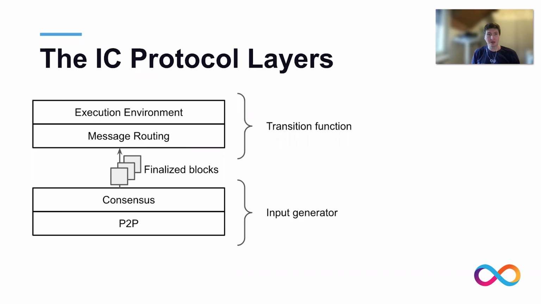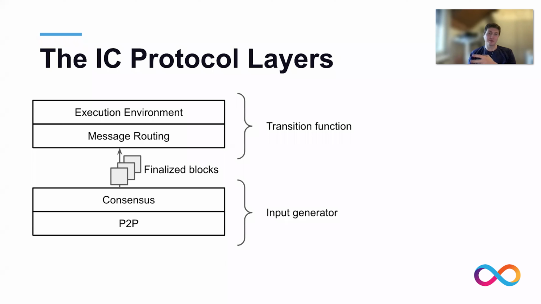So I think many of you saw this picture before with protocol layers, and I view these protocol layers as partitioned into two parts. The lower part with the P2P layer and consensus, in the context of this talk, their main purpose is producing inputs for a state machine.